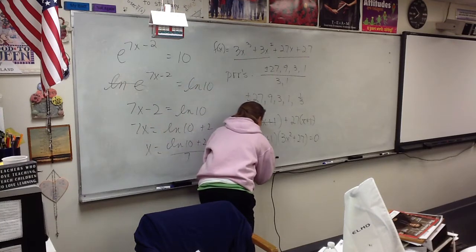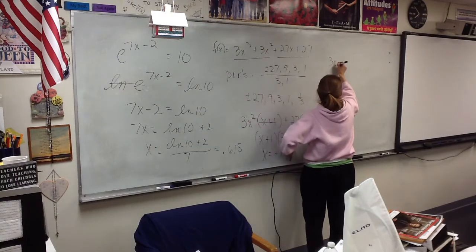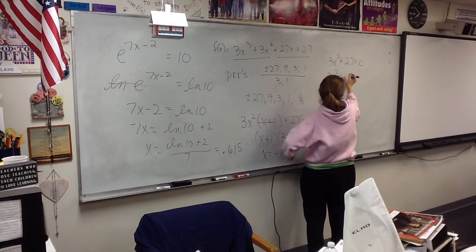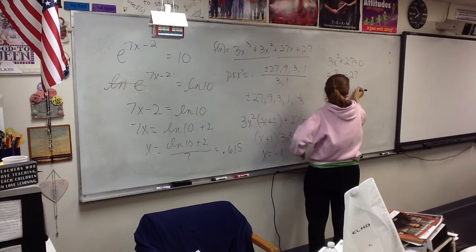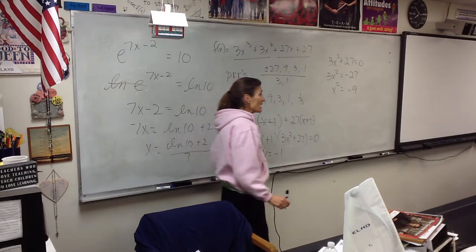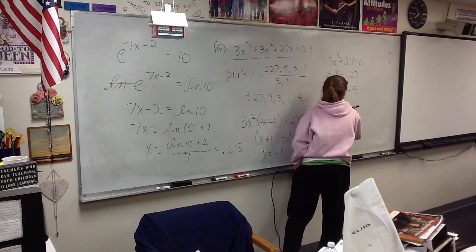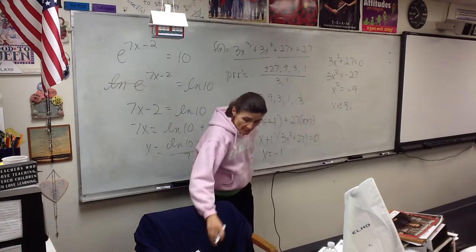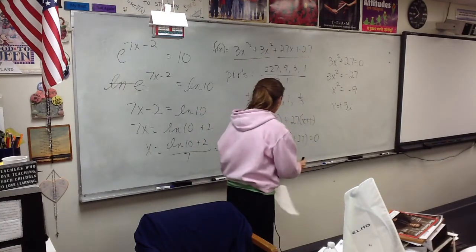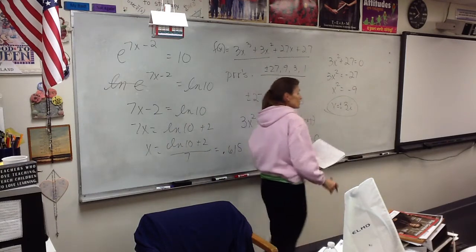So it looks like x equals -1, or 3x squared plus 27 equals 0, which means 3x squared equals -27, x squared equals -9, which means x equals plus or minus 3i. Notice that the problem says find all rational and complex zeros.